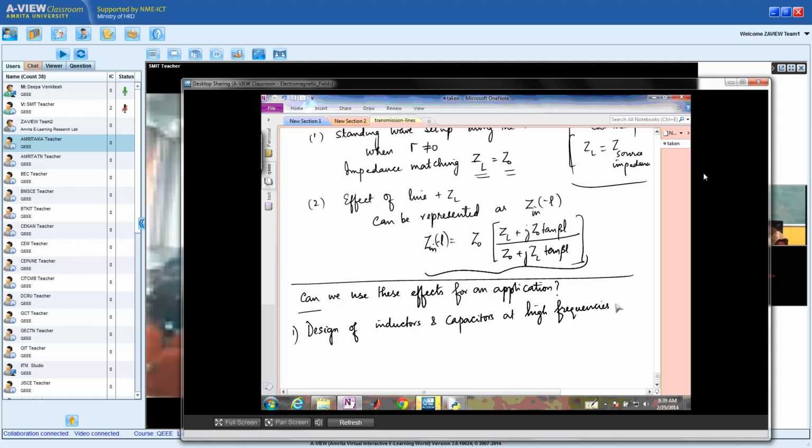So if I want an inductor to work at very high frequency, your regular coil inductor would be something like this.